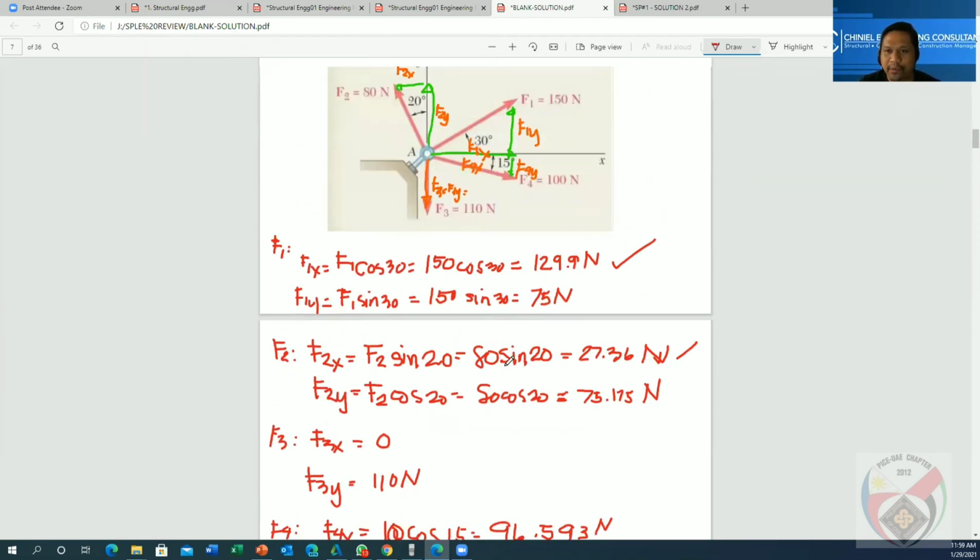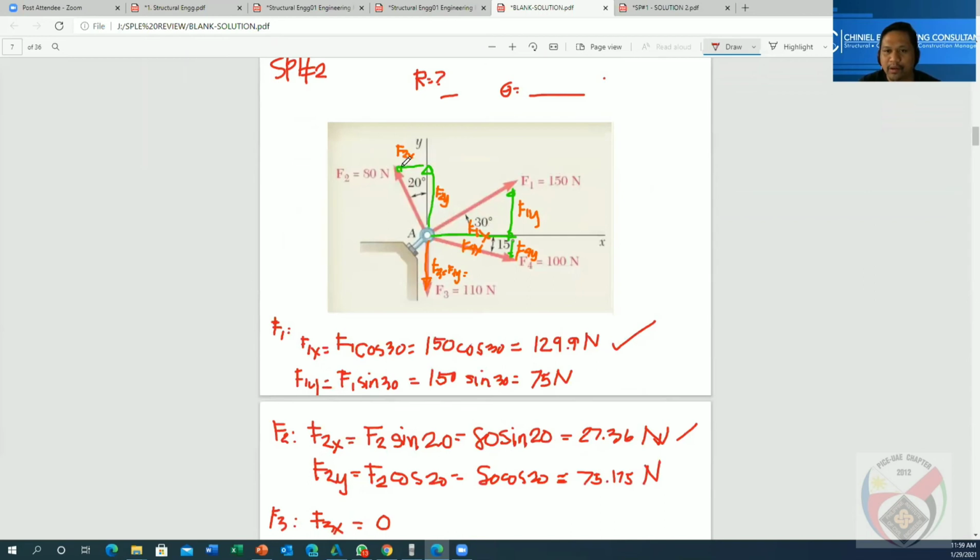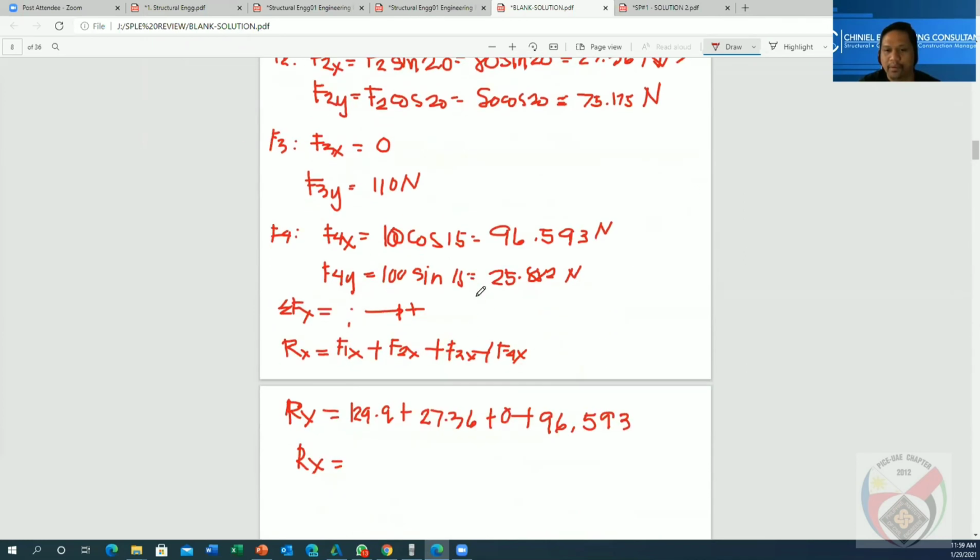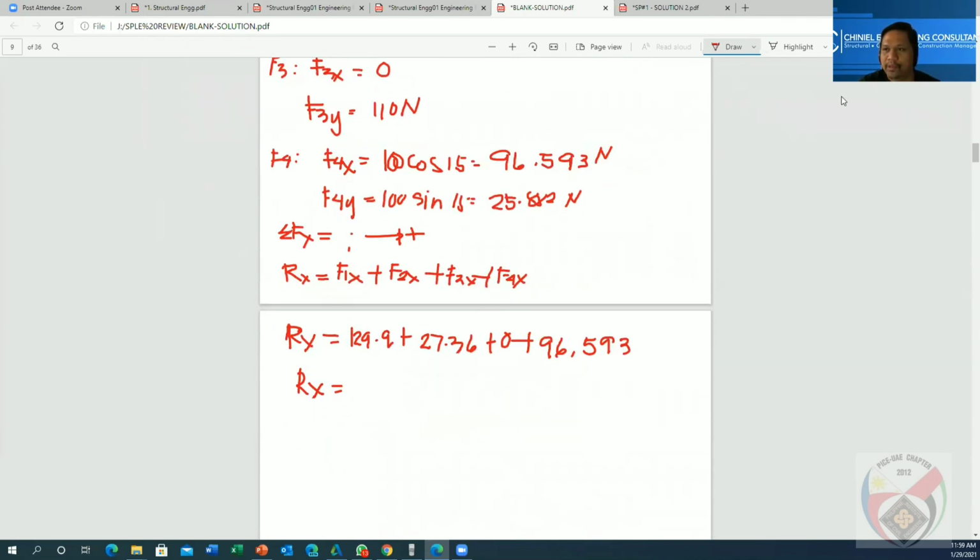So why is F2x negative? Because it's going to the left. F1x is to the right. F2x is negative, right. Thank you, Engineer Jeffrey. It goes to the left, so this F2x should be negative. This one.